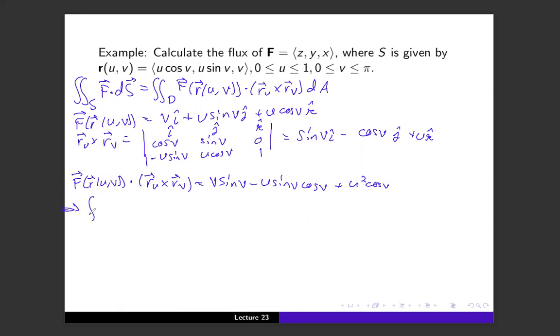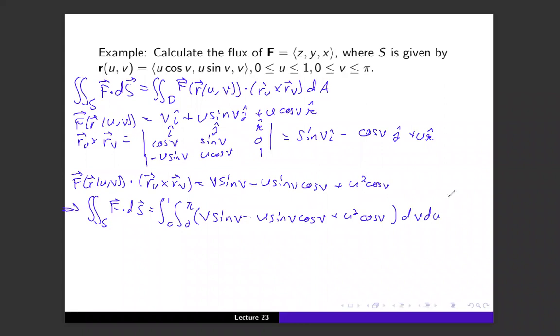So you integrate this thing for the flux. Integral from 0 to 1, integral from 0 to pi, of v sine v minus u sine v cosine v plus u squared cosine v, dv du.